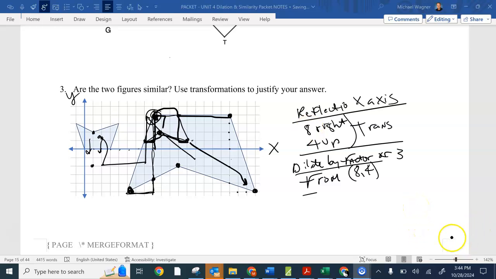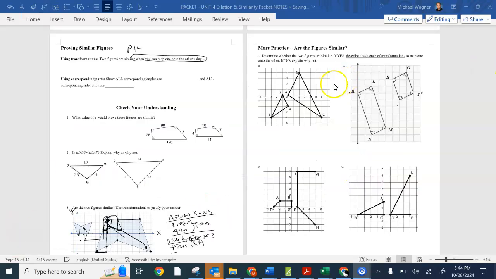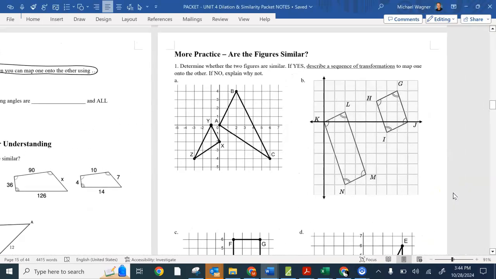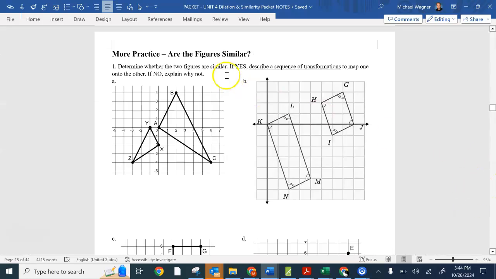Now, your assignment for today based upon that is to look at the next page. I guess it's page 16. In the booklet, it's page 15, my bad. You're going to think about whether you can find a set of transformations, whether rotations, translations, reflections, and specifically what would make this figure overlap onto that.